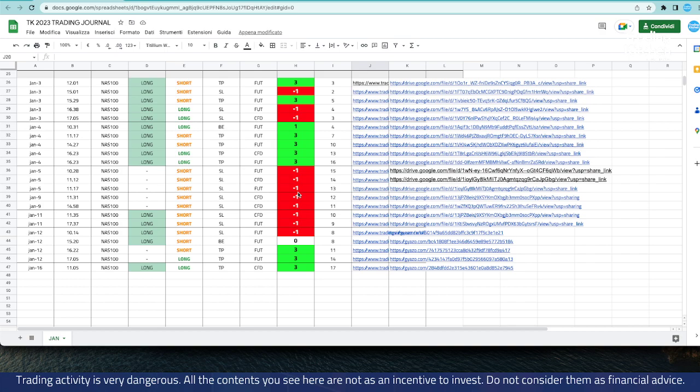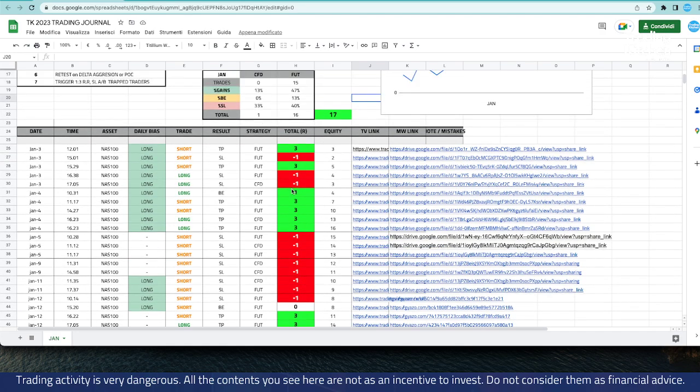The market is changing every month, every year, so you need to always find an edge on the market and try to be profitable. You have to keep on backtesting all the strategy.